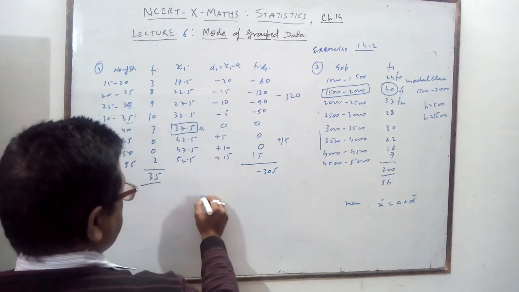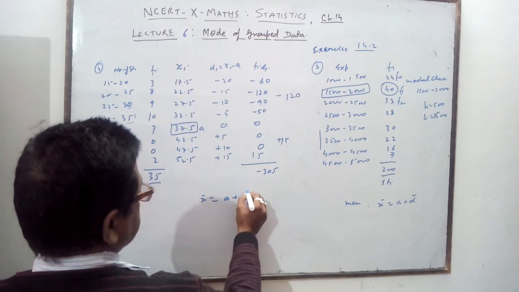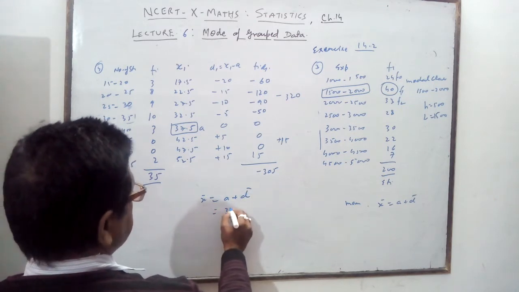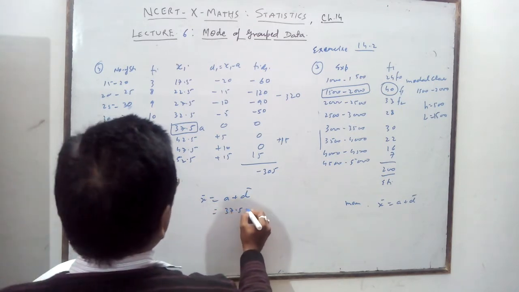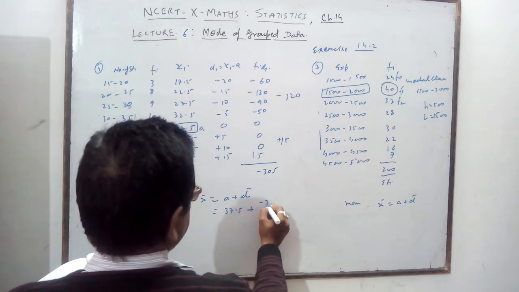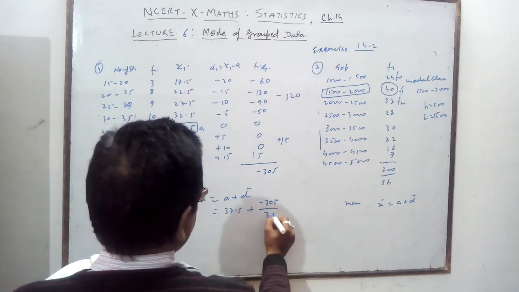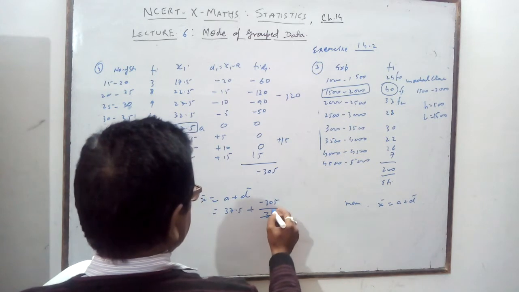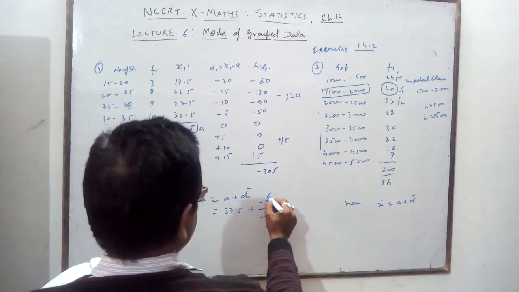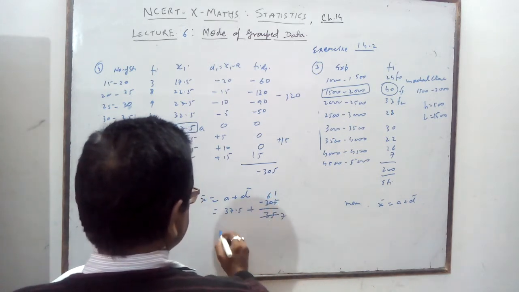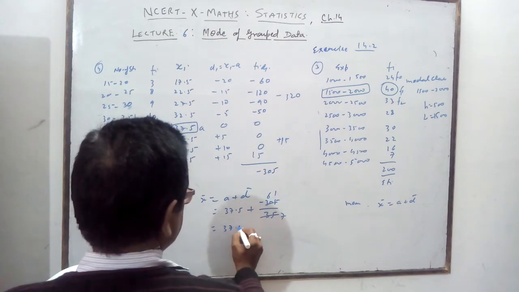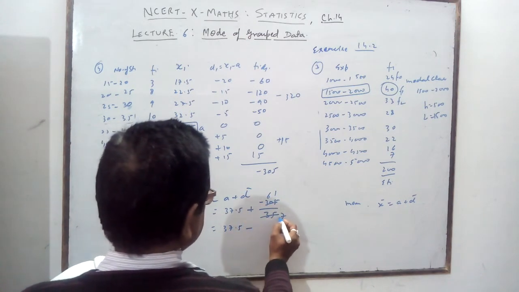So x bar is equal to a plus d bar. What is a? 37.5 plus minus 305 upon 35. 5 sevens are 35, 5 sixes are 30, 5 ones are 5.